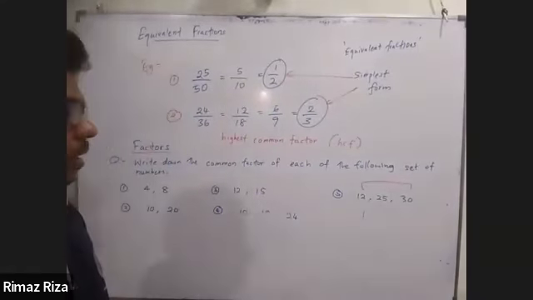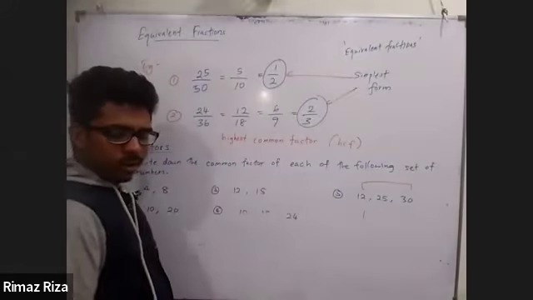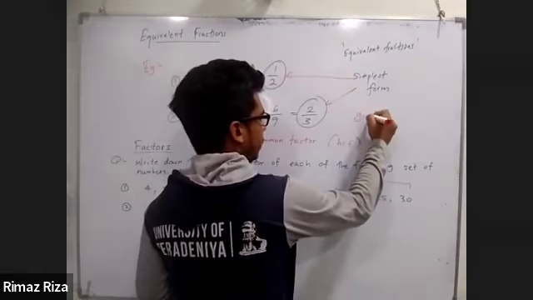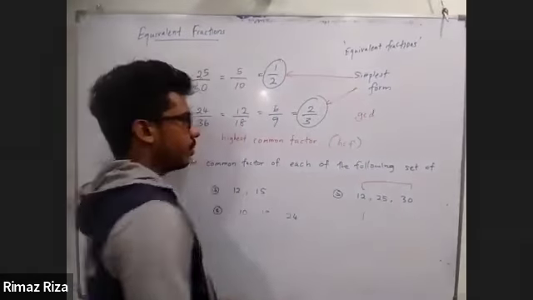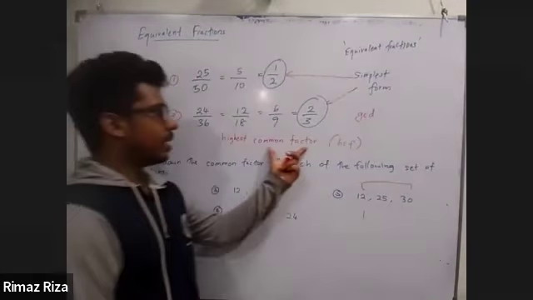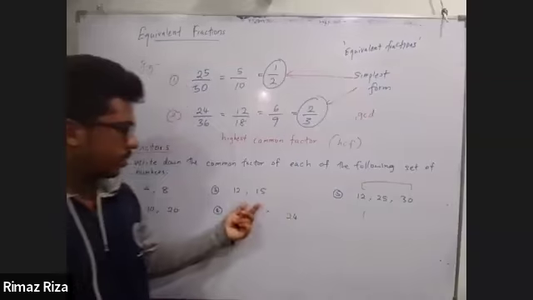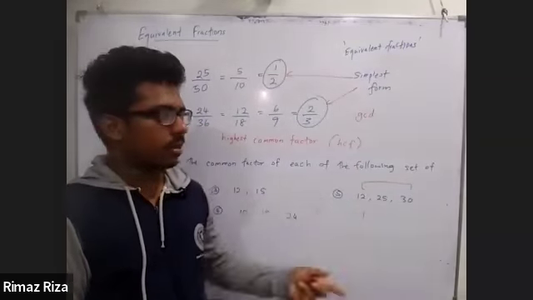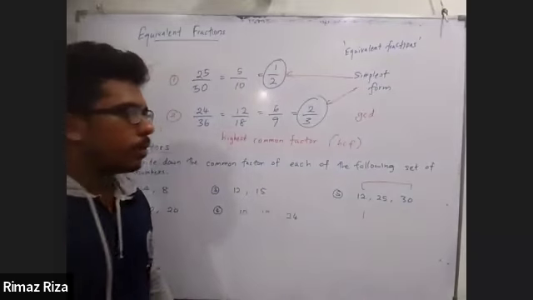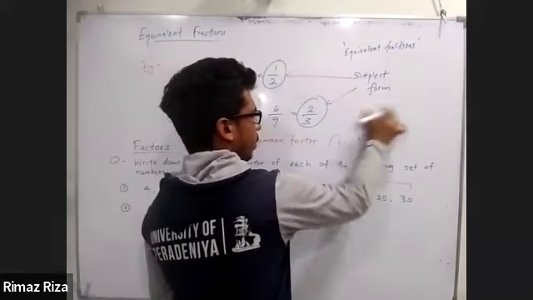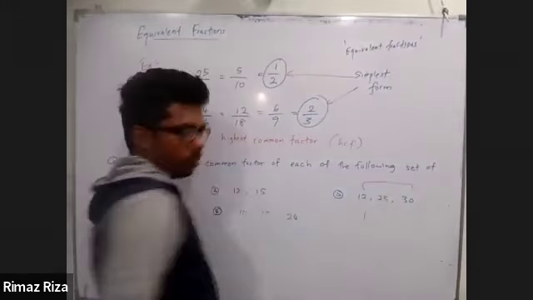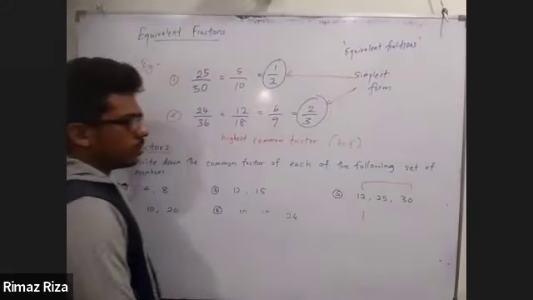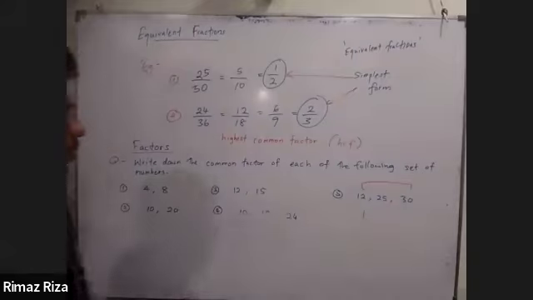If you study number theory further, you will hear GCD, greatest common divisor. If a number is common to both, then it is also a common divisor, because it can divide both. I'm not going to touch that part, it is not there for you. So we will only go with the highest common factor.